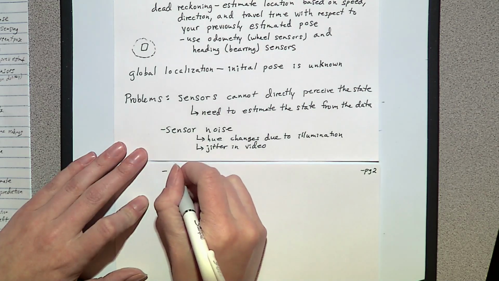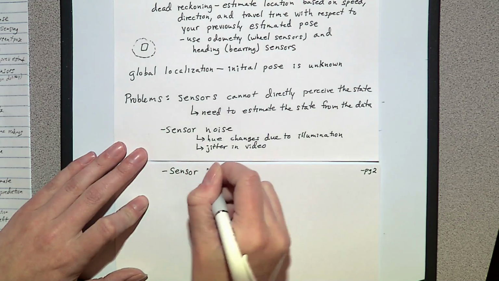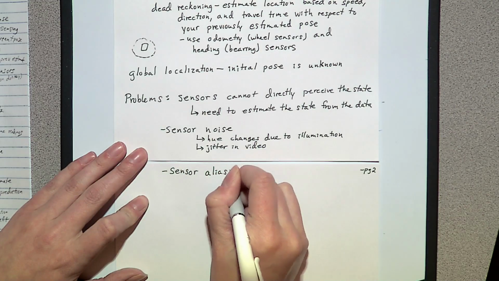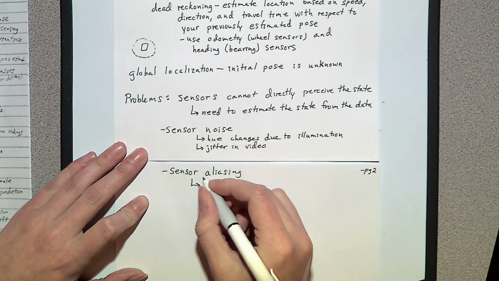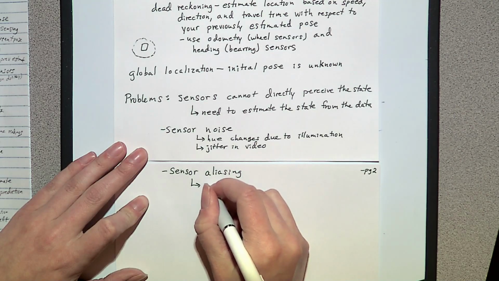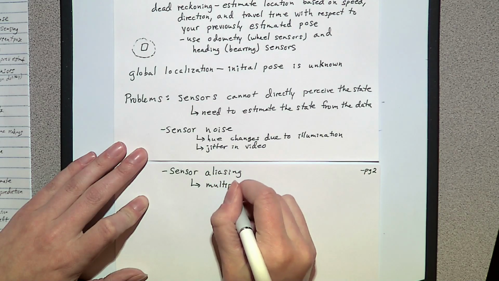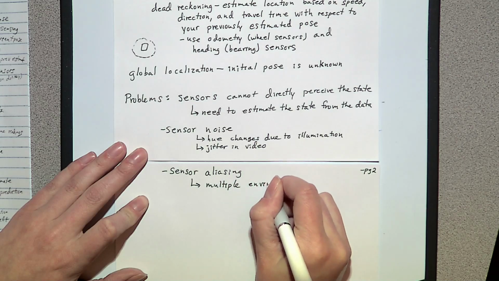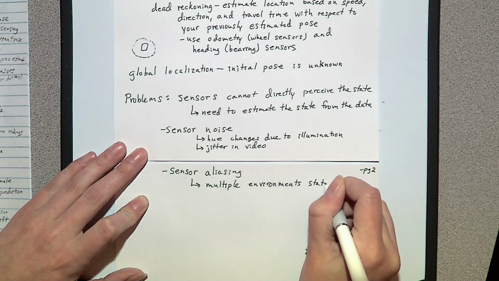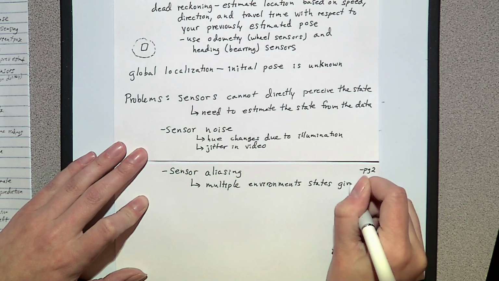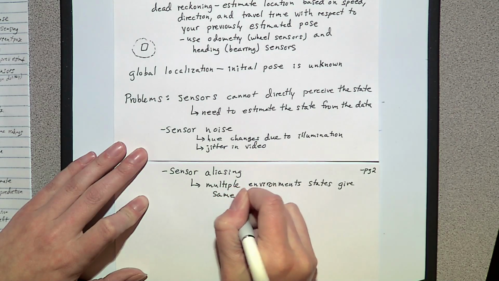We also have the problem of sensor aliasing. That's where you have multiple environment states that can give the same sensor reading.